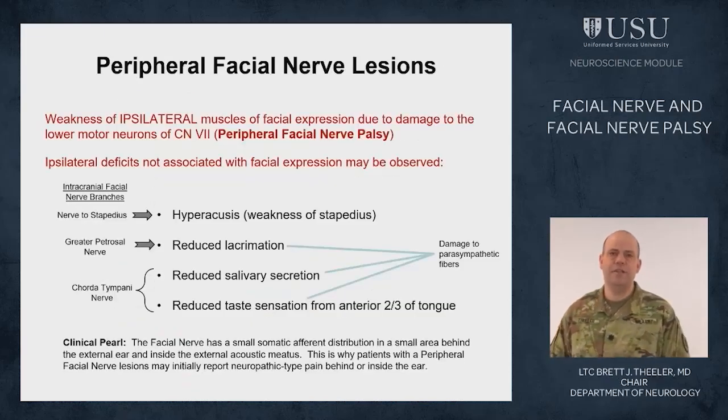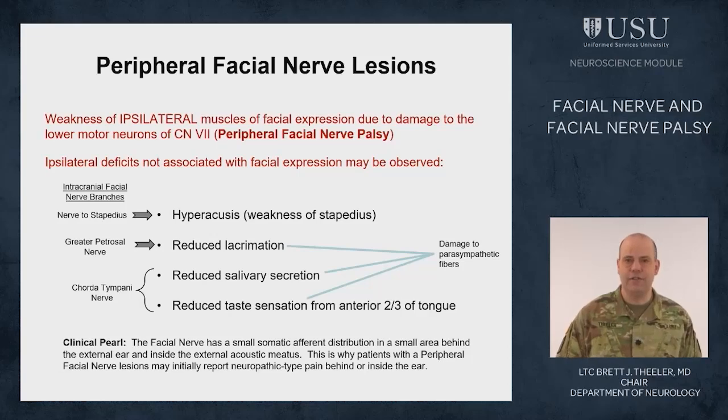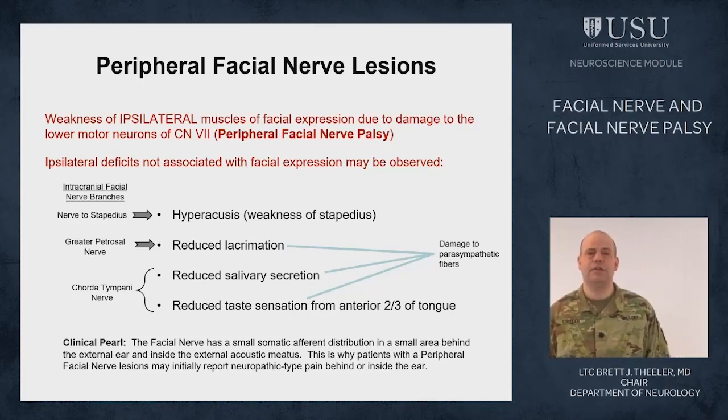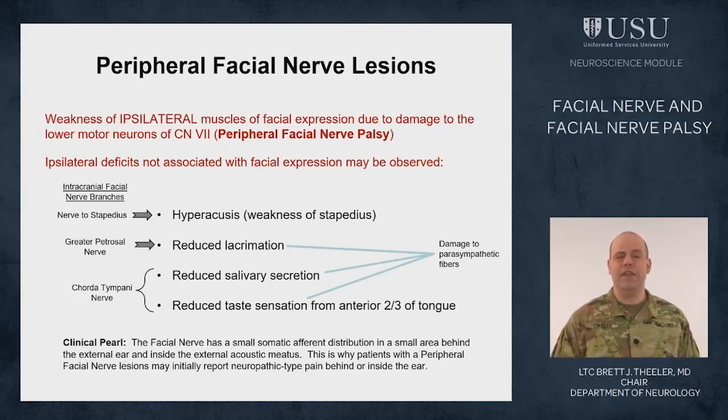So if a patient has a peripheral facial nerve lesion on one side, they can have other deficits on the same side as the weakness. One of those would be hyperacusis. So the stapedius muscle dampens sound. So if a patient has involvement of the nerve to the stapedius, they can actually hear sounds louder in one ear than the other.